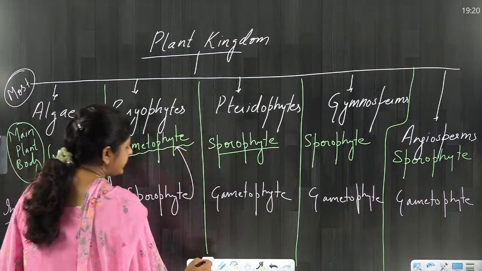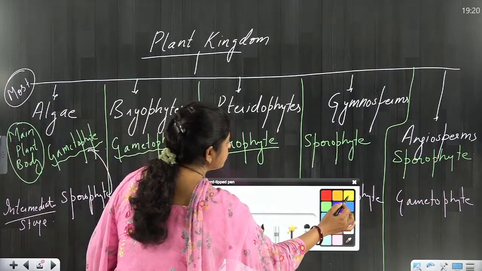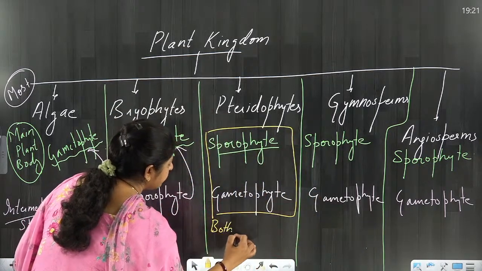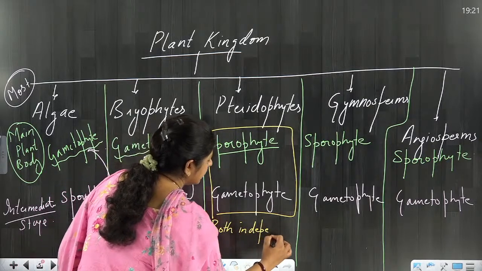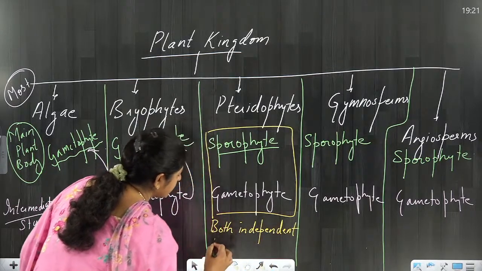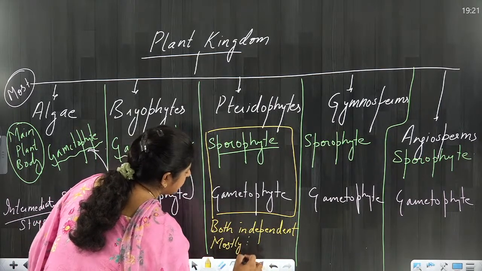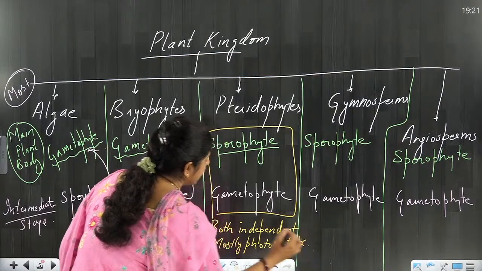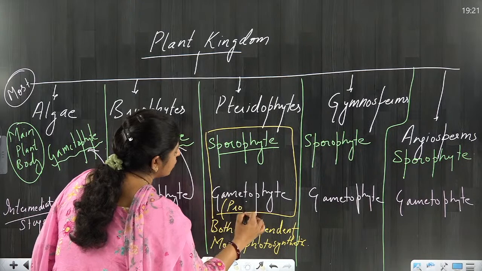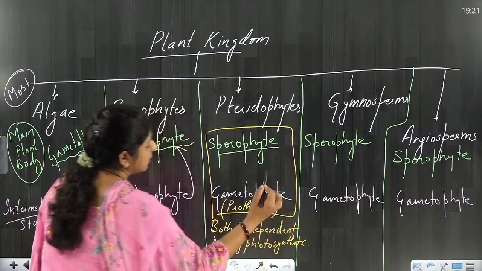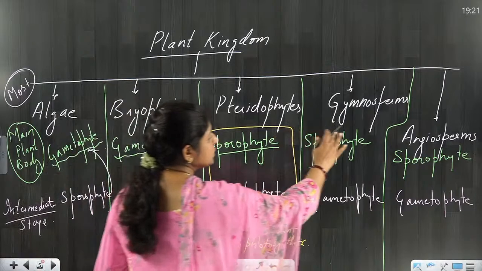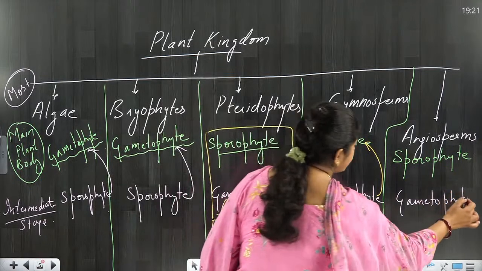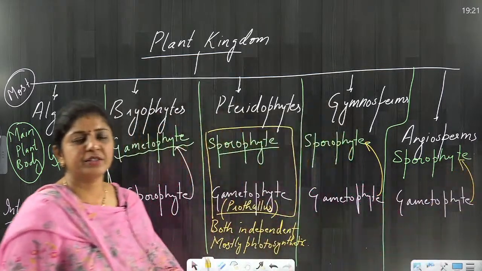But in Pteridophytes, keep in mind, both are independent and mostly photosynthetic. Here the gametophyte you call prothallus. And in Gymnosperms and Angiosperms, the gametophyte depends upon the sporophyte.